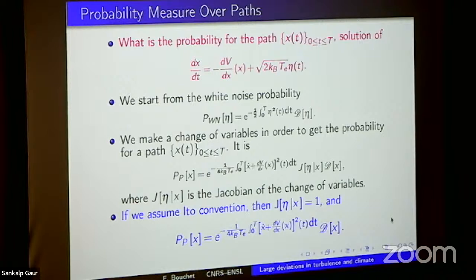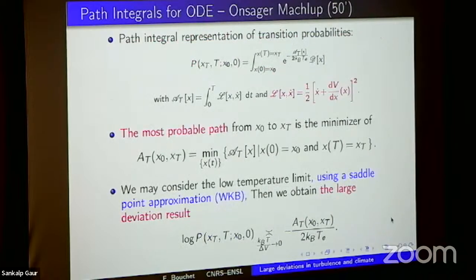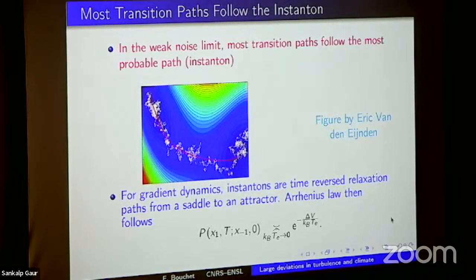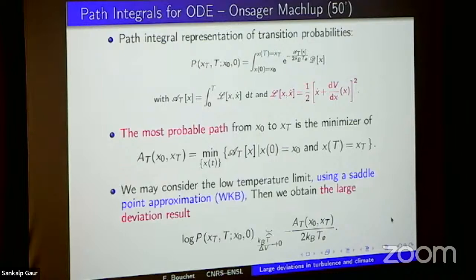So I have another question. The time to go from 0 to capital T, you can choose it. It's your choice. And then if you choose it, you are computing the transition probability from time 0 to time T, right? And when you compute the rate, there is a bunch of slides I don't show you today.